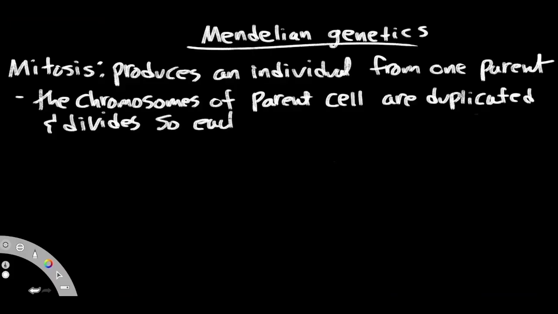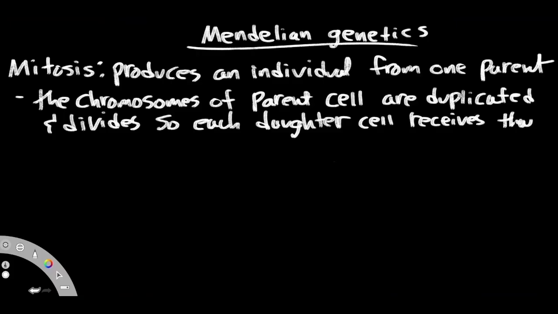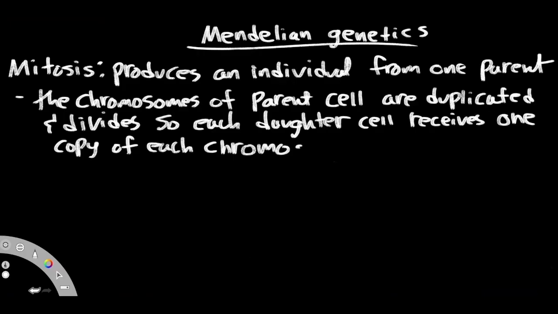So each daughter cell receives that one copy of each chromosome. Okay, and obviously each daughter cell is genetically identical.